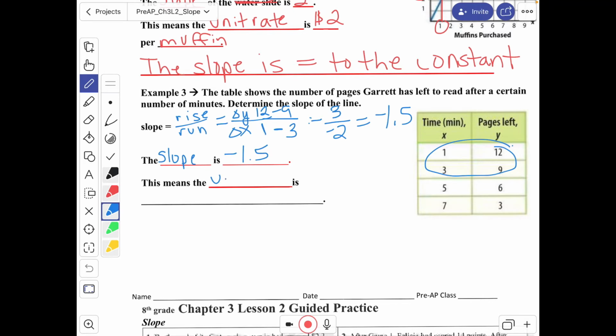This means the unit rate is negative 3 over 2 pages per minute. Remember, rates have to have words. Something per something.